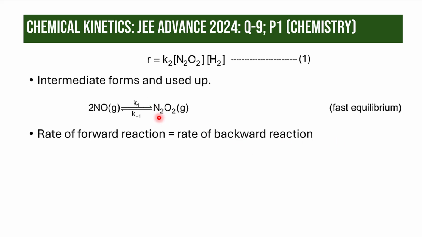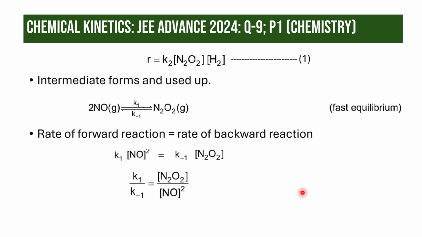So what is the rate of forward reaction? This will be K1 times the concentration of NO raised to the power 2. What is the backward reaction rate? That is the concentration of N2O2 times the backward rate constant, that is K sub minus 1.